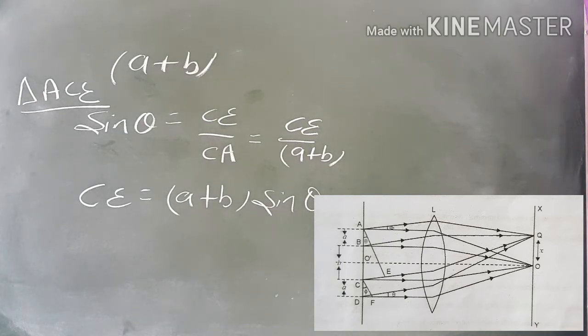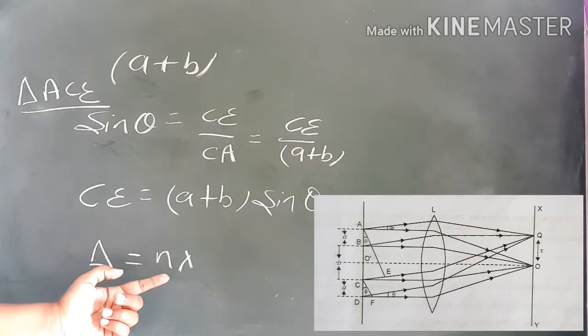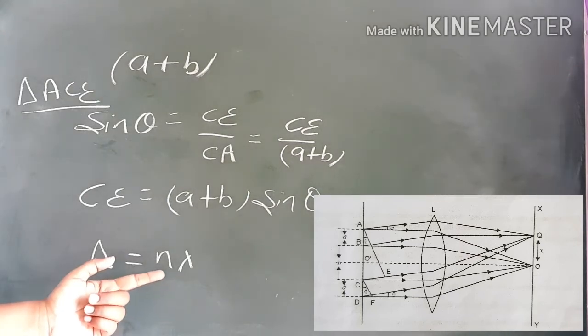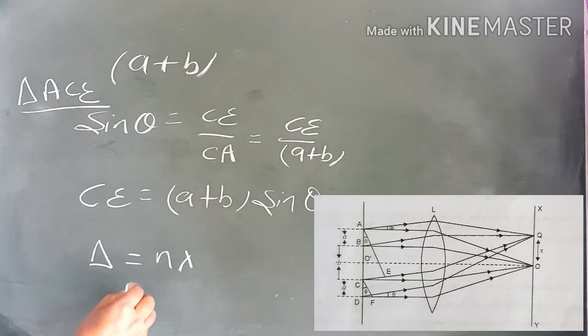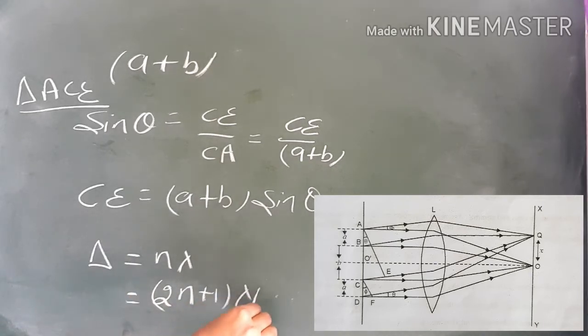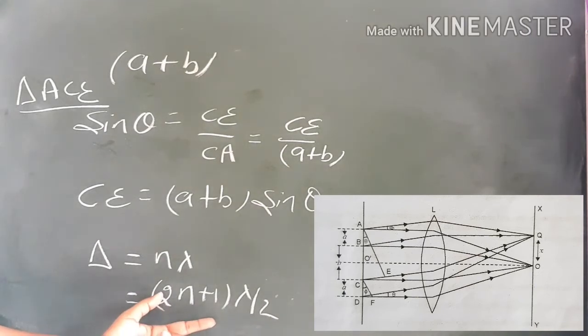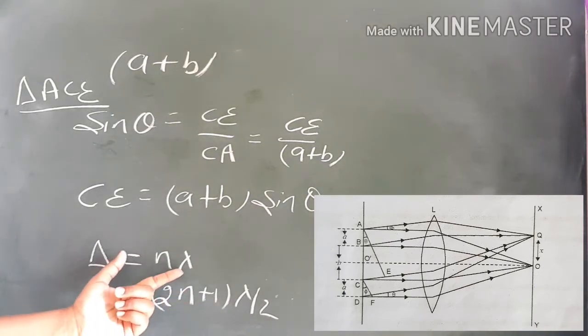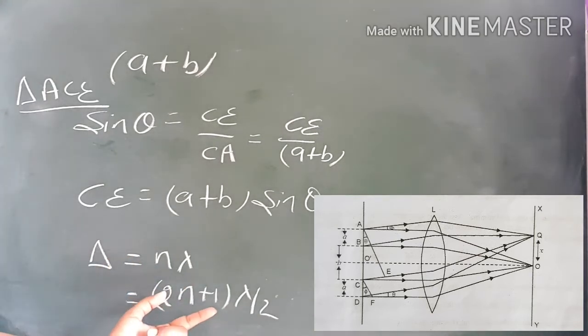And we know in case of interference, if the path difference is equal to n lambda, then this is the condition for a bright fringe, the condition for maximum. And if it is equal to an odd integral multiple, (2n plus 1) lambda by 2, this is the condition for minima.